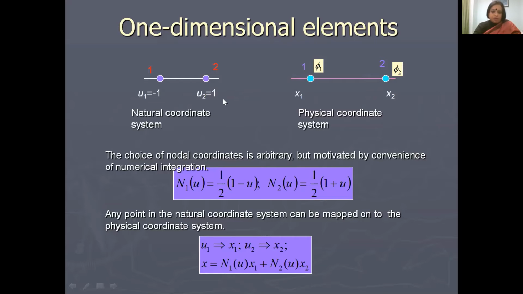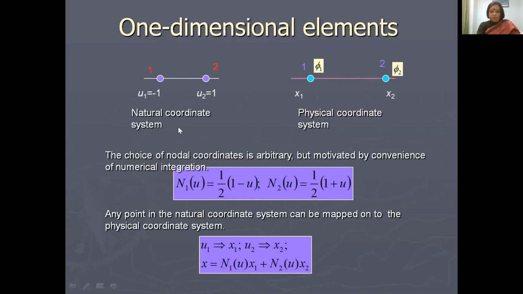I don't give you a choice. I give you an element which goes from node 1 to node 2, local node 1 to local node 2. Local node 1 is u1 equal to -1, and local node 2 is u2 equal to +1. Now, if I need to map this entire element spanning from x1 to x2 to this particular element, I will need to map x1 to u1, x2 to u2, and any point lying between x1 and x2 will be mapped onto the points lying between u1 and u2.